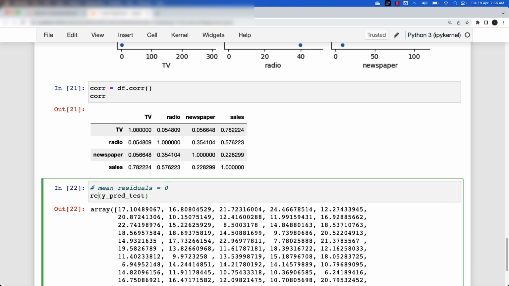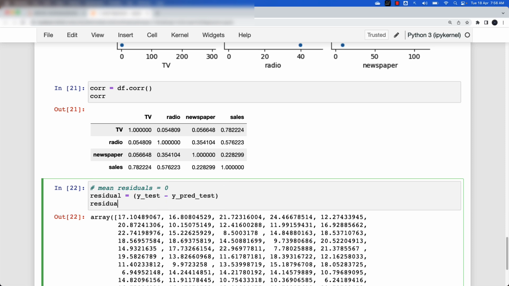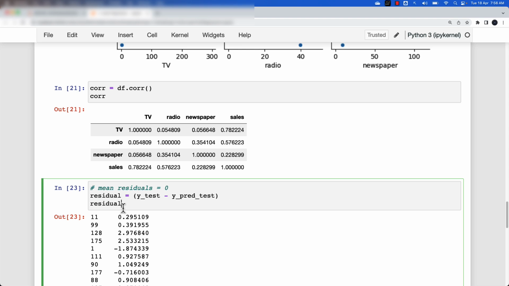Now let me calculate the residual. The residual is given by y_test minus y_pred_test. This will be the residual. If I now display the residual, this is the value of residual.